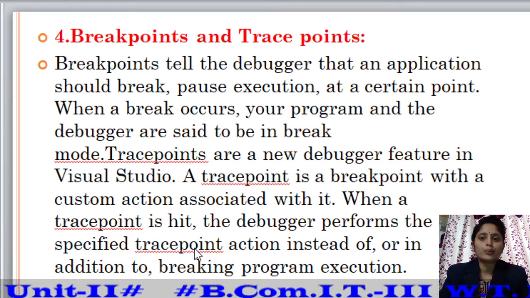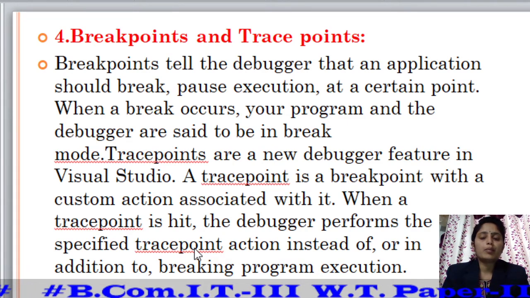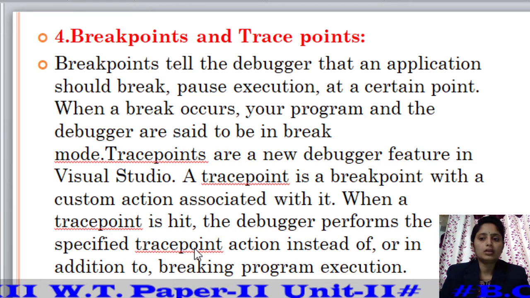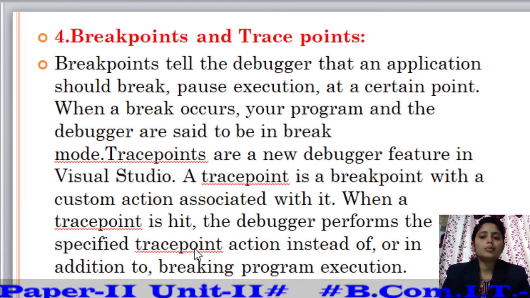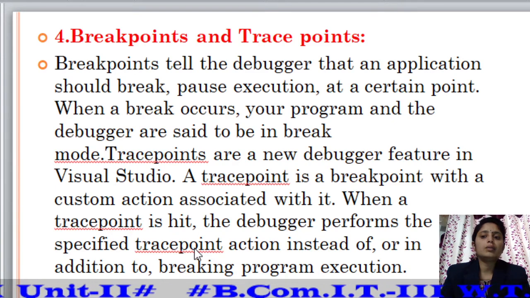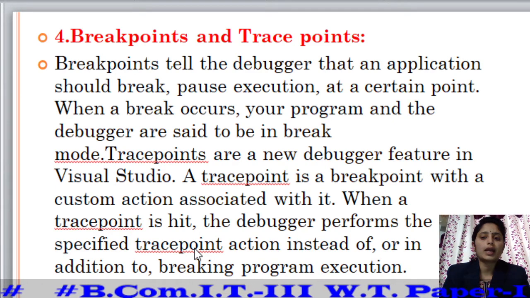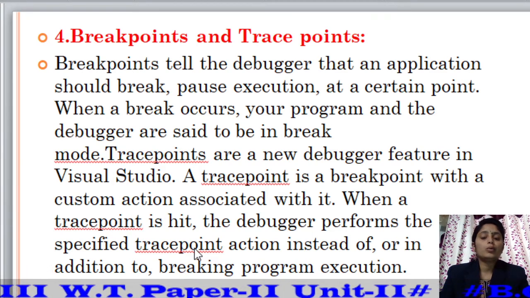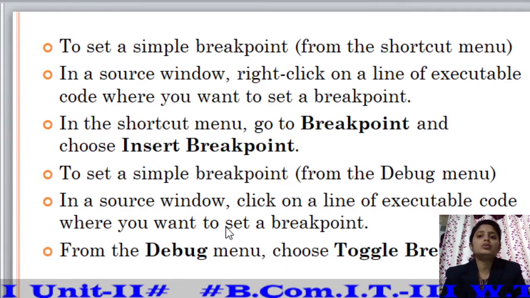A trace point is a breakpoint with a custom action associated with it. When a trace point is hit, the debugger performs the specified trace point action instead of or in addition to breaking the program. Let's see how to set a simple breakpoint.